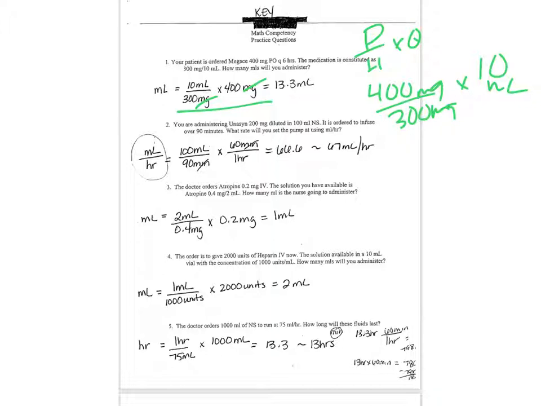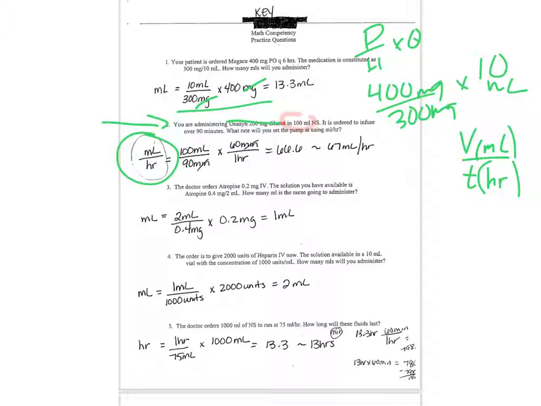Number 2, when you're trying to calculate milliliters per hour, our flow rate formula said to take your volume and divide it by the time. Remember, we did that in class. So administering 200 milligrams diluted into 100 milliliters. That 200 milligrams is extra information. All we need is the total volume, that 100 milliliters.